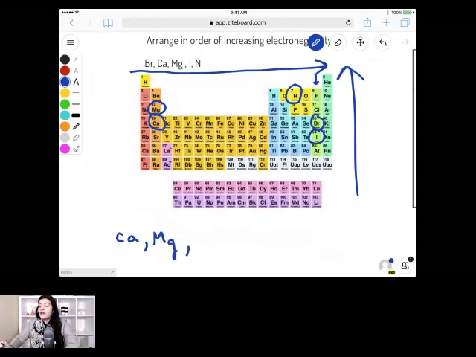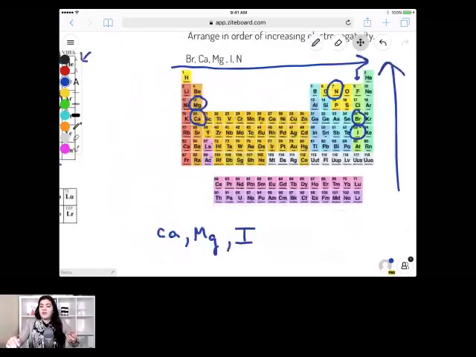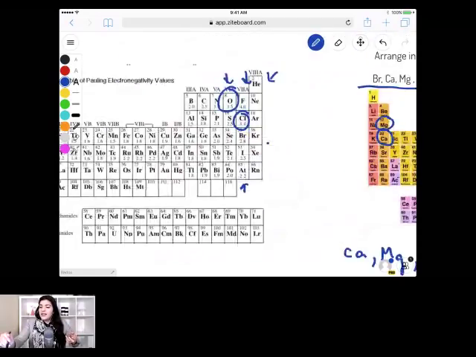And then next we'll go into our halogens and see, okay, which one is possibly going to be better? Well, I know that iodine is lower, so that's not going to be good. So that would be lower in electronegativity. And then I'm going to compare nitrogen and bromine. And they're both pretty close to fluorine. But what if I were to go back to that concept of, okay, well, anything that's a little bit higher up is then going to be better, right?